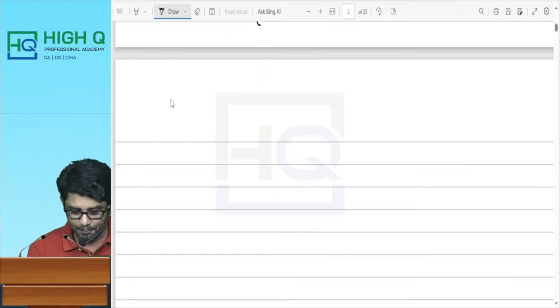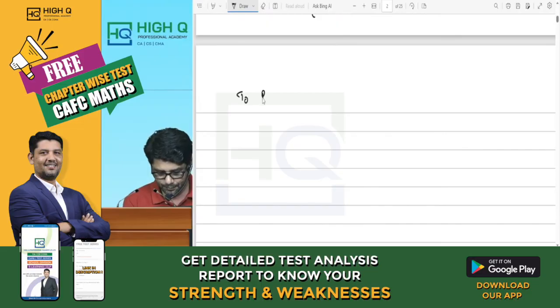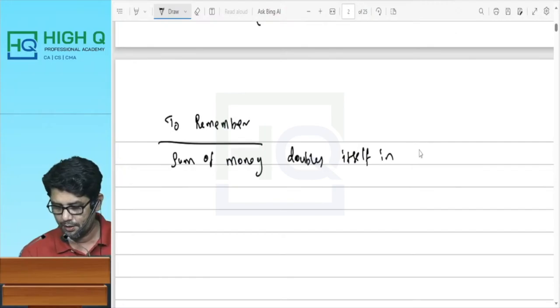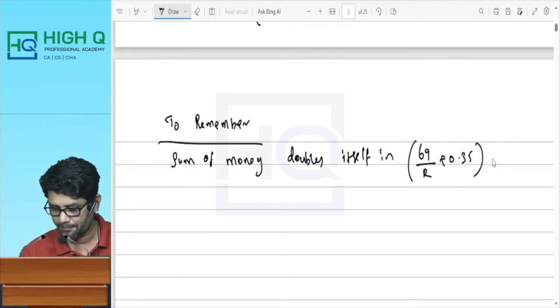Now, in compound interest, to remember: a sum of money doubles itself in 69 by R plus 0.35 years.